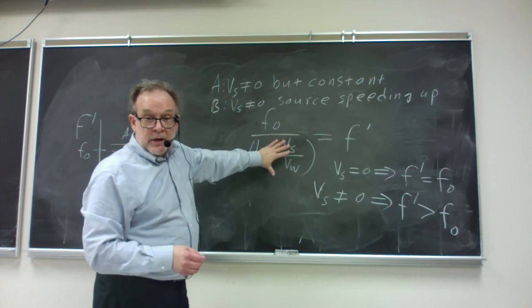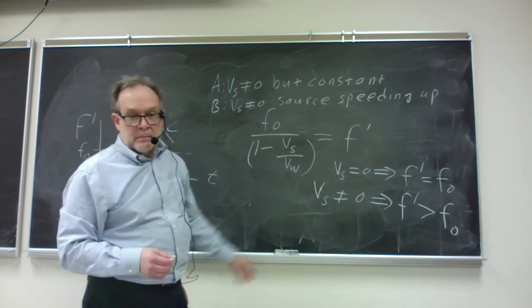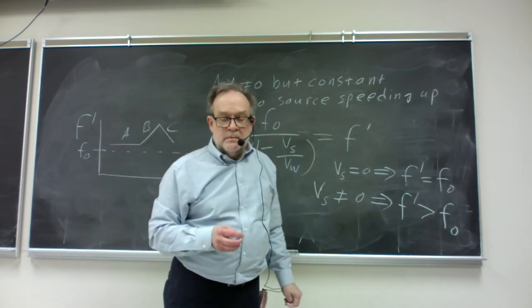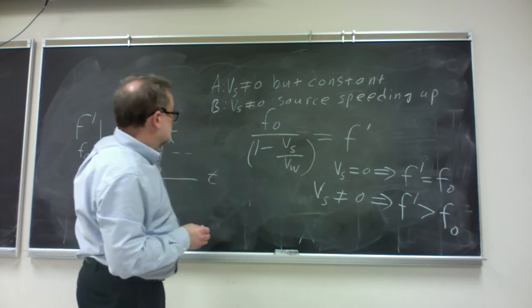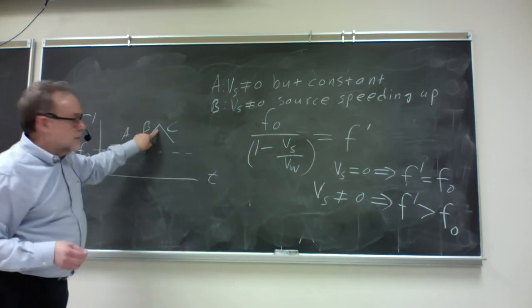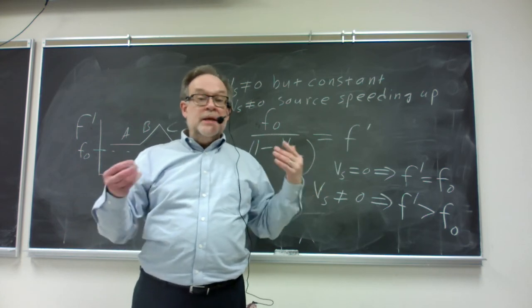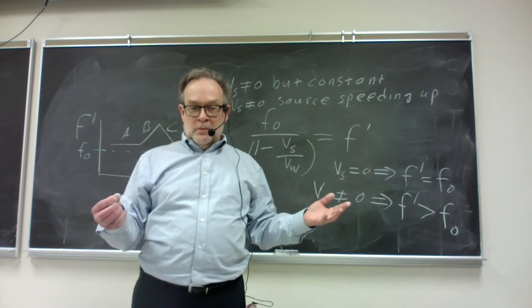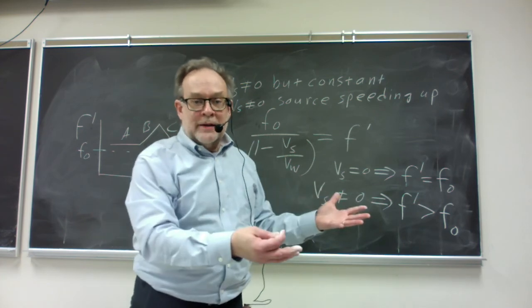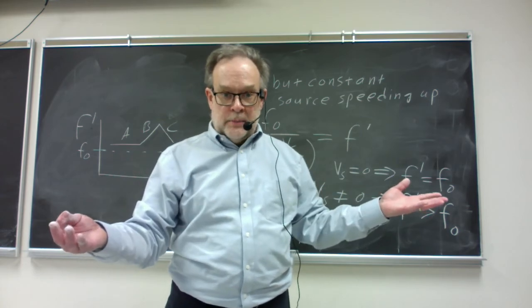And as the denominator gets smaller and smaller, the overall fraction gets bigger and bigger. Perceived frequency gets higher and higher. Or to put it another way, you have a Doppler effect because the source is moving. If it's moving more and more dramatically, in other words, faster and faster, you get a more dramatic Doppler effect.